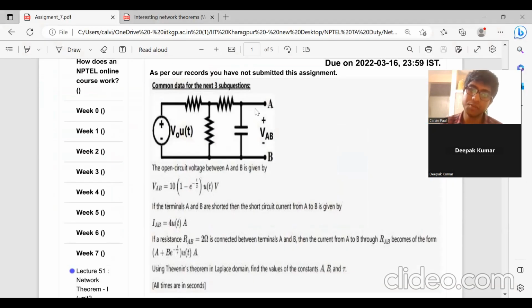The open circuit voltage between A and B is given by this form: VAB is equal to 10 into 1 minus e to the power minus t upon 2, into u of t. So this is the expression of the voltage in time domain.